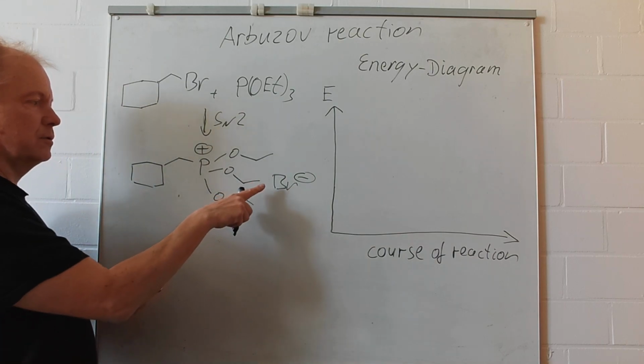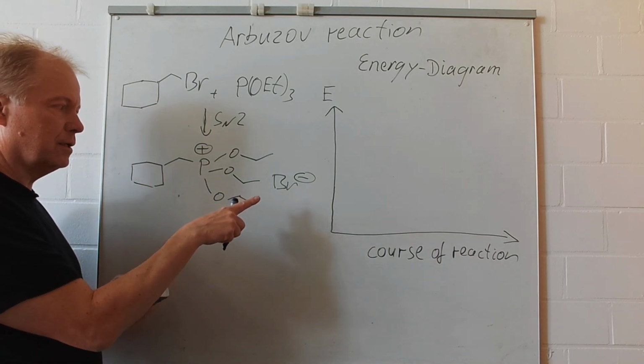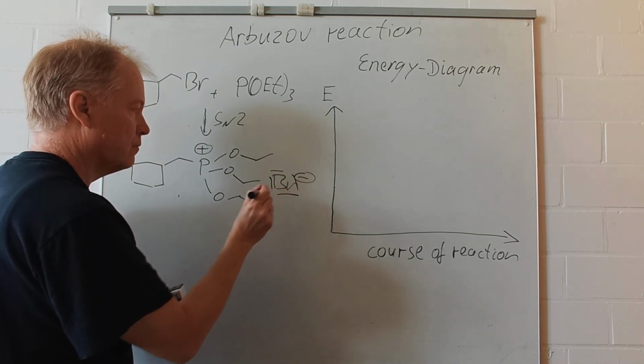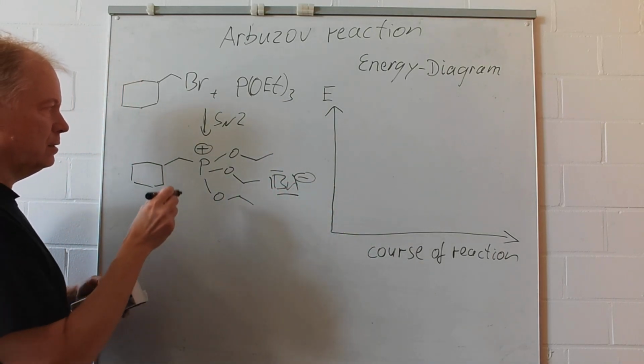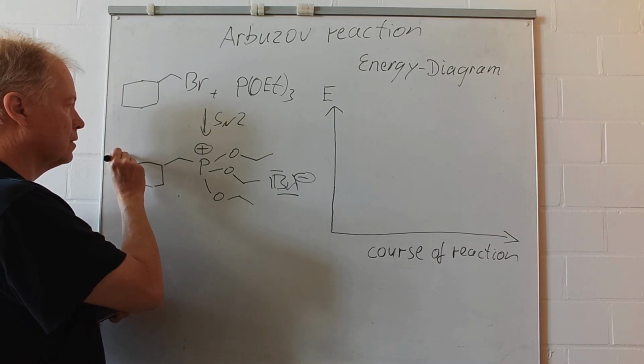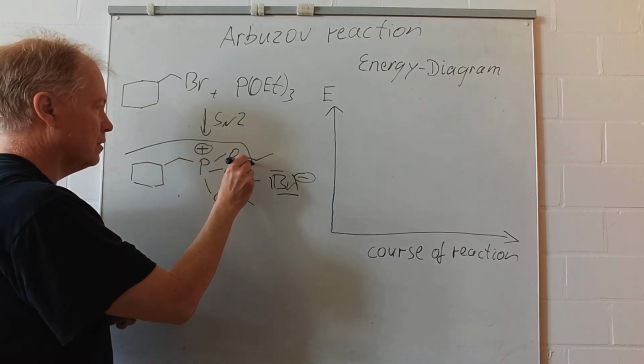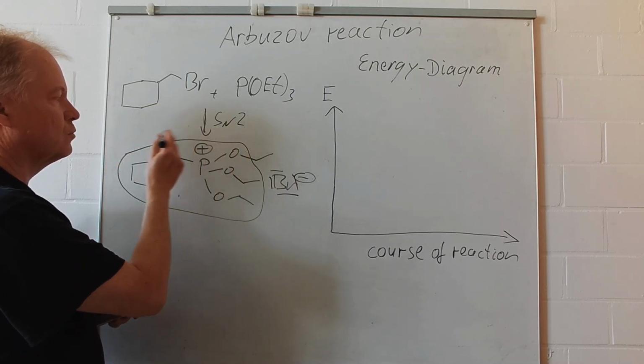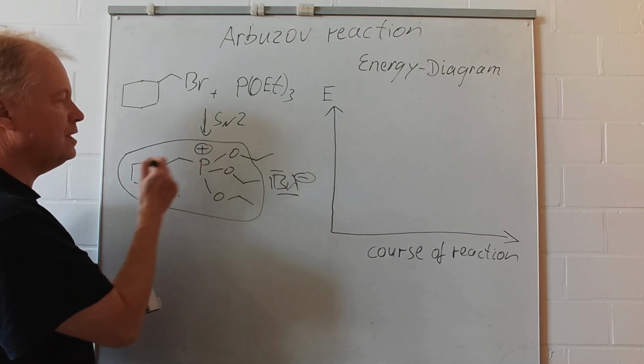And now the bromide is a weak nucleophile, but in this structure we have a rather good leaving group.